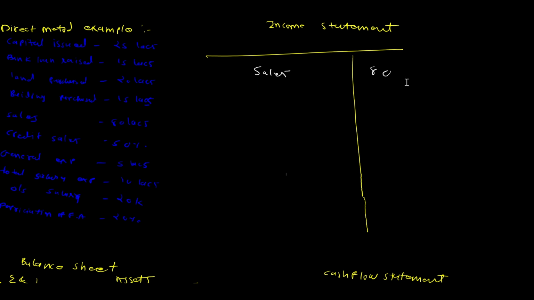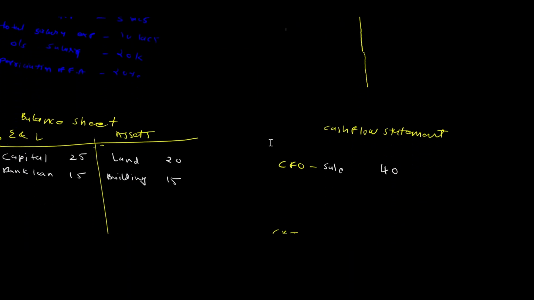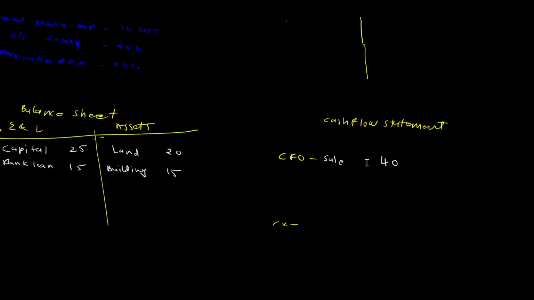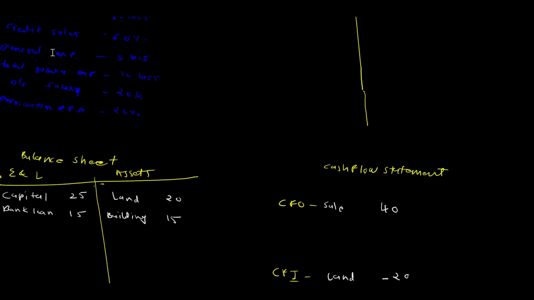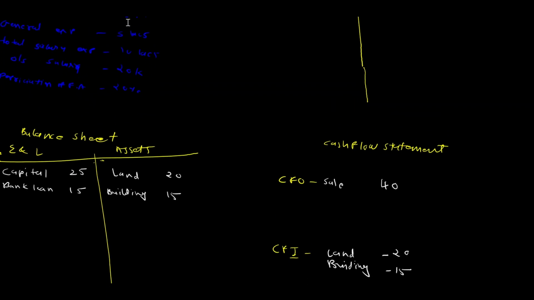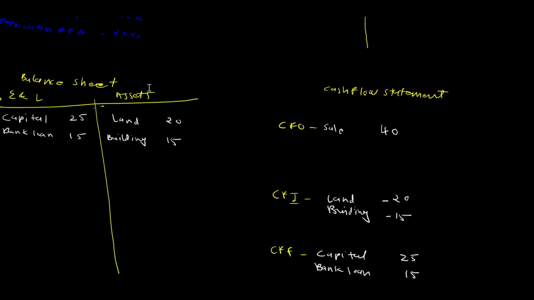We show the 80 as the sales, 40 is the cash flow from the sale, and the other 40 I sold on credit. So my accounts receivable on the asset side will show as 40. It's my asset.